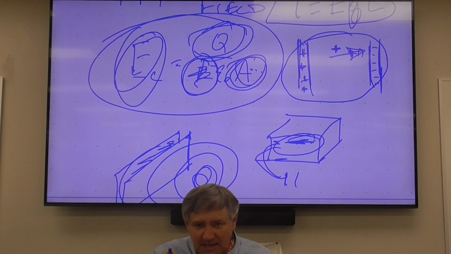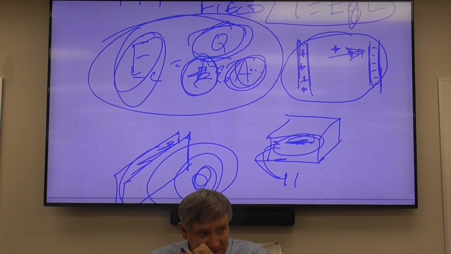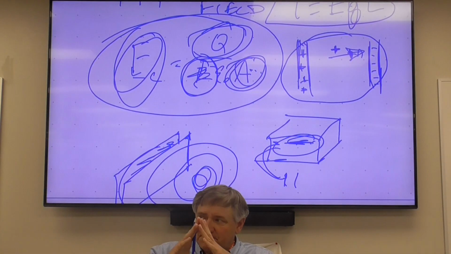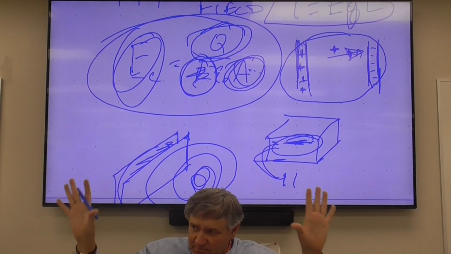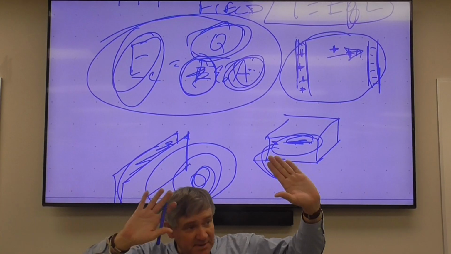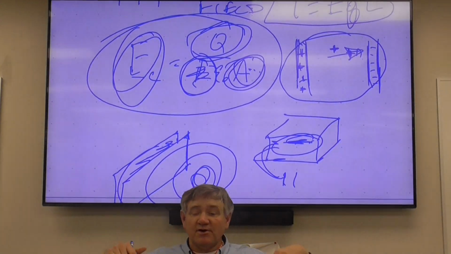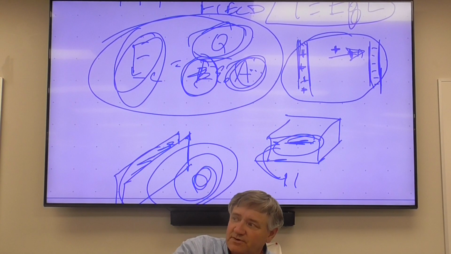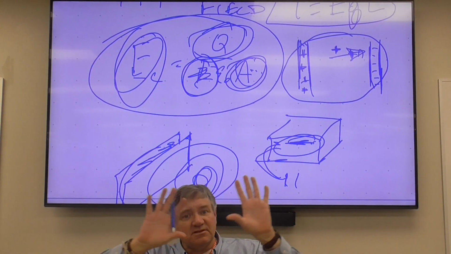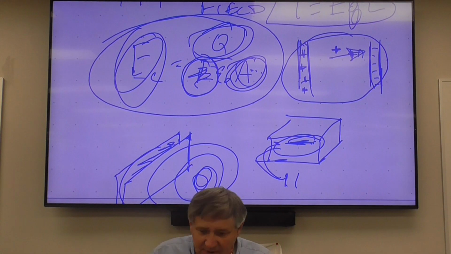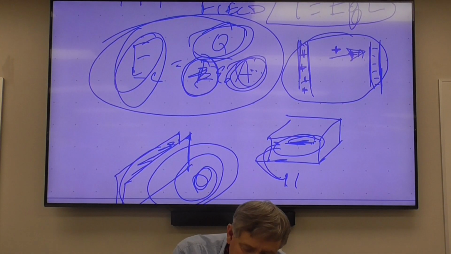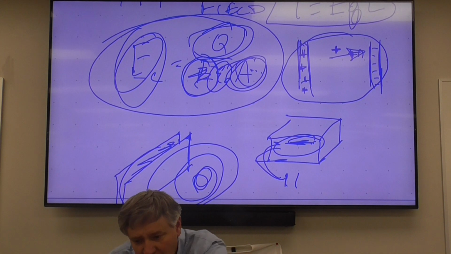If you take the same amount of charge, if Q is constant, and you spread that out over a bigger area, that charge becomes more spread out and thinner. Therefore, the strength of the electric field becomes less because you're spreading the charge over a larger space. Now, this epsilon naught.